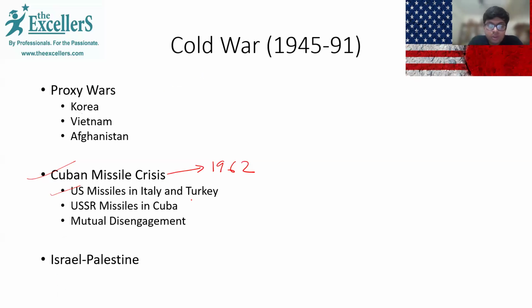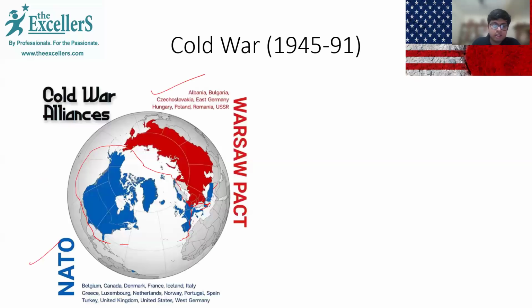So USSR decided that it will deploy missiles on the frontiers of USA because these were US missiles. So let us fight directly with USA. So they went and deployed here, Cuba. Okay, Cuba was located on the border of USA, just miles off the coast.